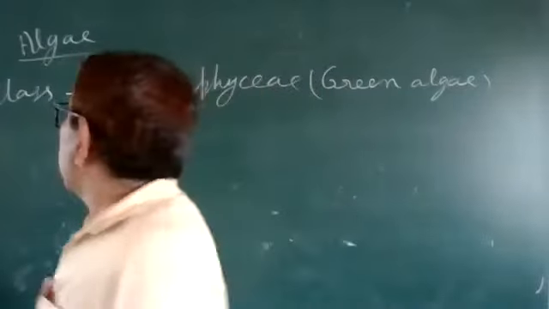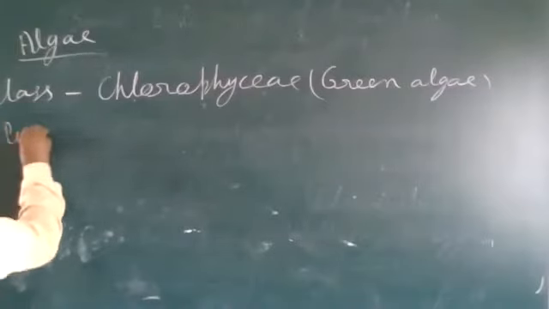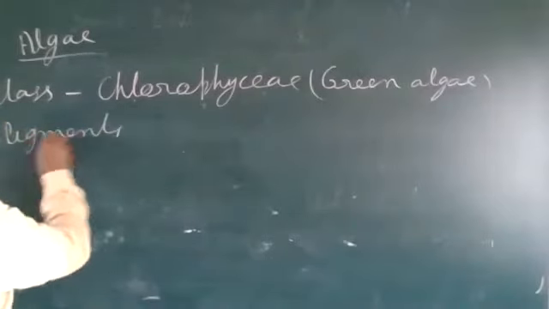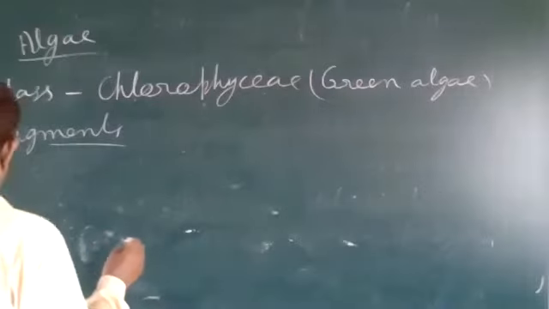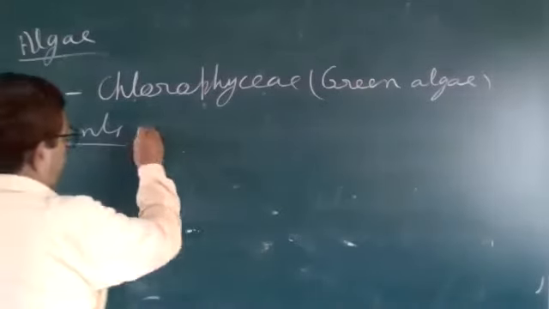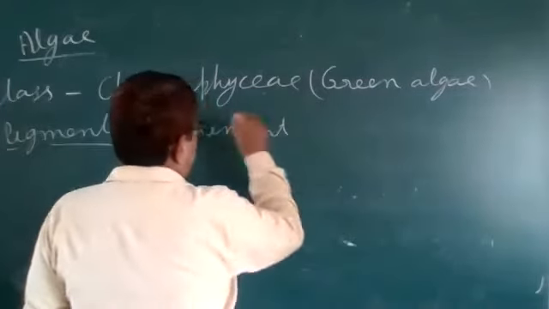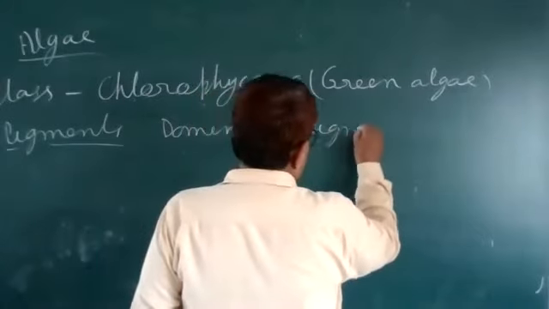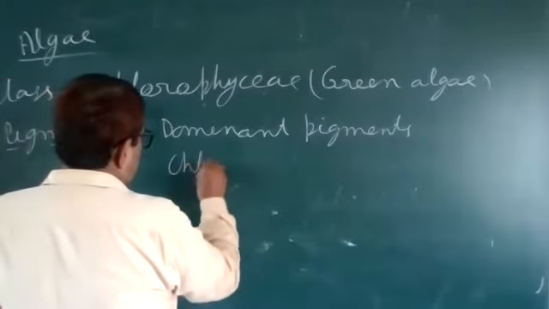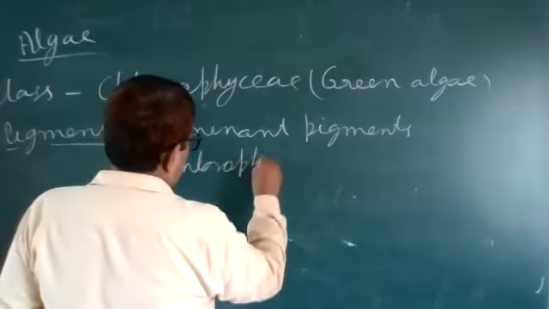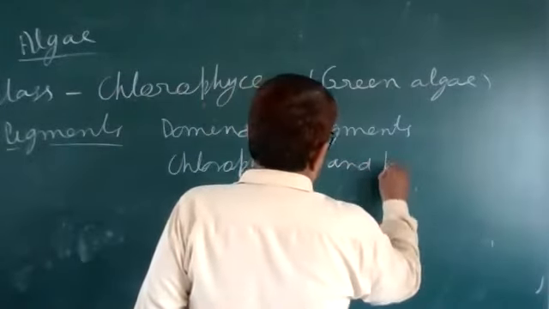So the members of chlorophyceae have the dominant pigments chlorophyll A and chlorophyll B.